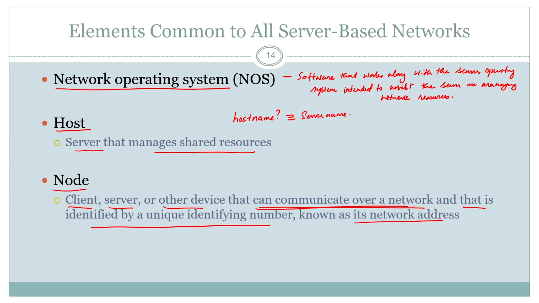It can be a client, it can be a server or any other device. The main aim is you have to be connected to a network, you can communicate over a network, and you should have a unique identifying number within that network, known as its network address. So, if you have an individual unique network identifying number and you can communicate over a network, then you become a node.